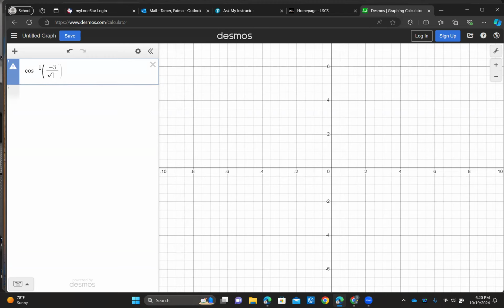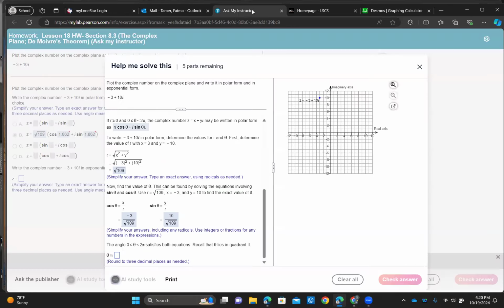Then it gives me the answer in radians, which is 1.86. Pi over 2 is right here, and if we change pi over 2 to a decimal number, it is 1.5, so this is already in the second quadrant, so I don't have to go through the thinking process for the second quadrant variation. So it's 1.86. Let's go back to homework.